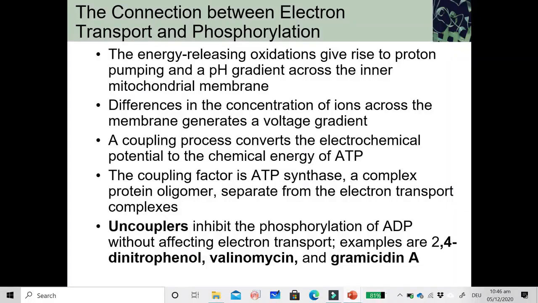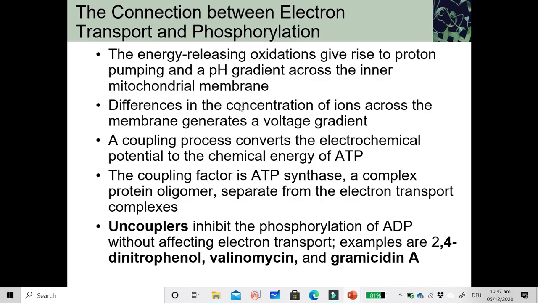It is this gradient that develops potential energy, which is ultimately harnessed in the form of mechanical energy, and then in the form of chemical energy as ATP. That is what we're going to study later in detail.